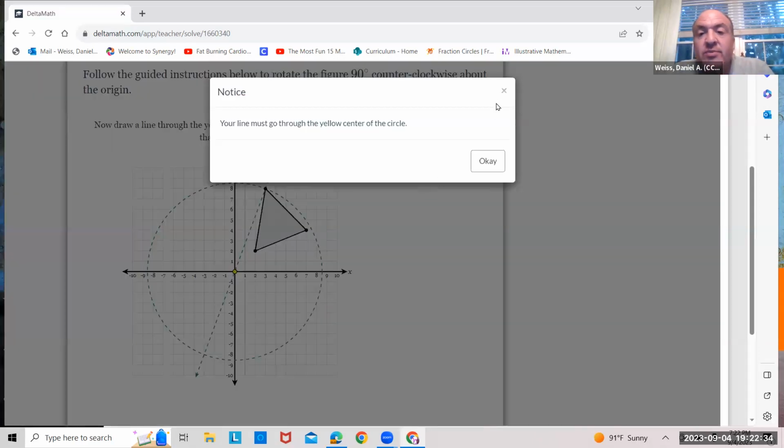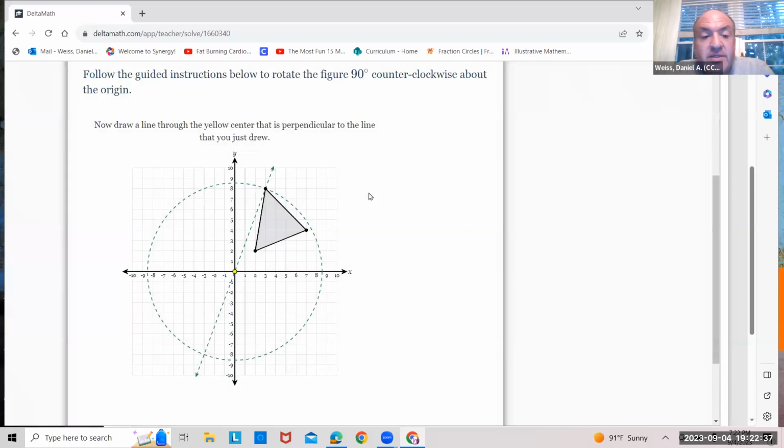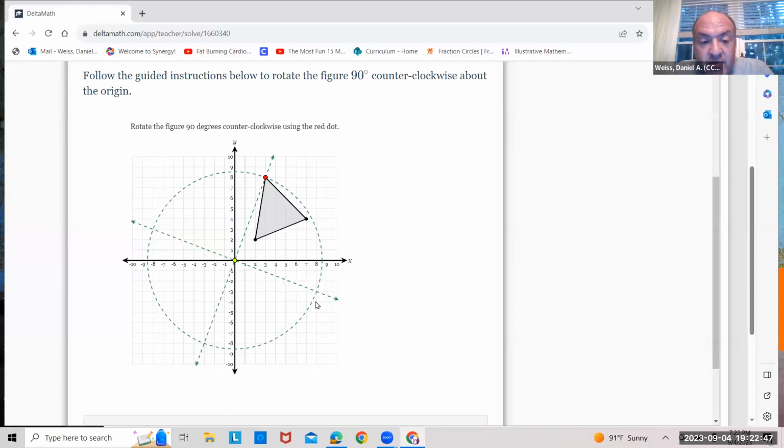Whoops. So I have to click and hold and go down 3 over 8 right there and let go. And it's happy. So now I've made a perpendicular slope.